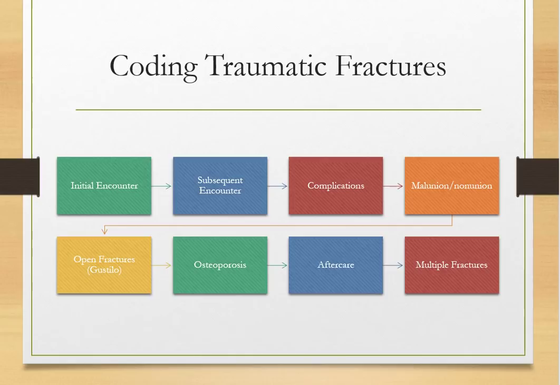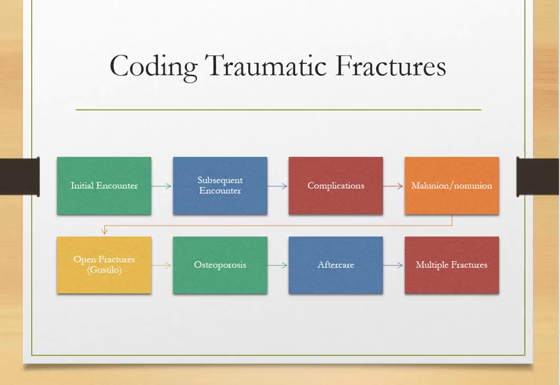Now, care for complications of fractures such as a malunion or non-union, we actually have specific seventh character subsequent care codes. And guys, they're divided based upon non-union subsequent care, malunion subsequent care.